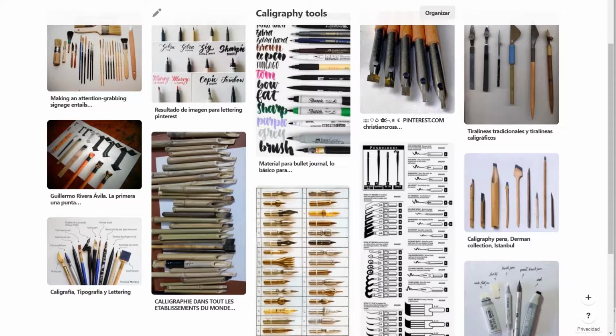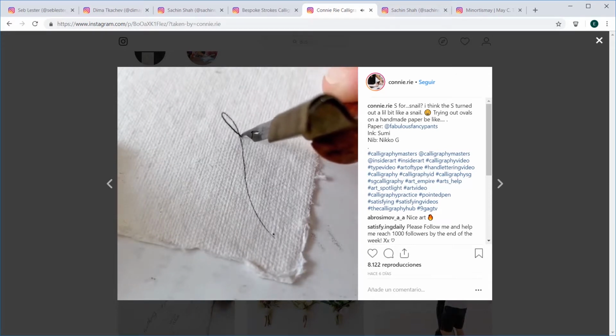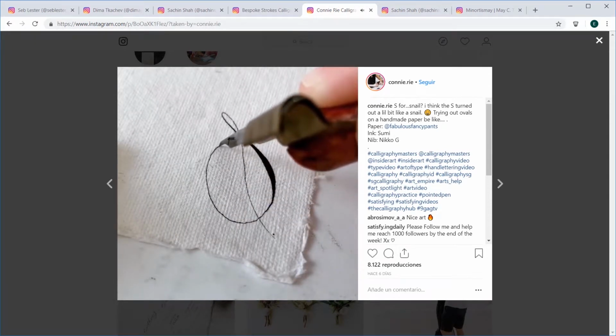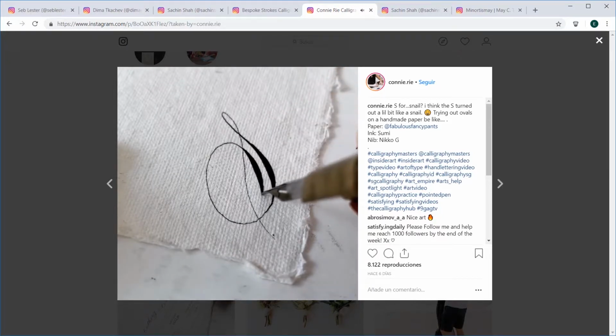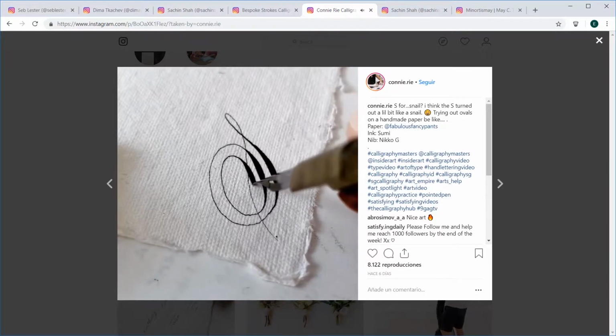The expansion technique is achieved by applying pressure in the downstrokes and creating lines with light pressure in the upstrokes. We can see clearly how it works in this video by Connie Ree. So if we want to imitate this technique, we have to apply pressure in the downstrokes.